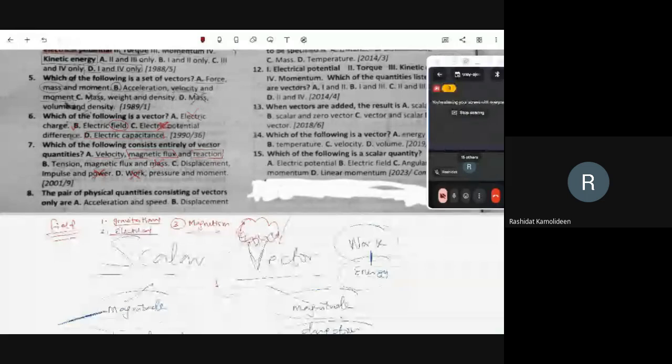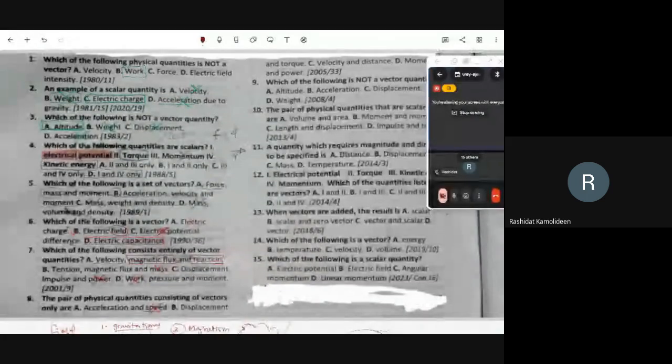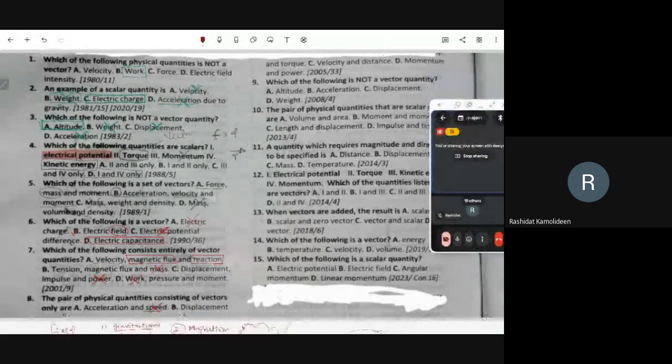A, acceleration and speed. Speed is part of it, so it's not vector only. B, displacement and torque. Okay. C, velocity and distance. Distance, no. D, momentum and power. Power, no.